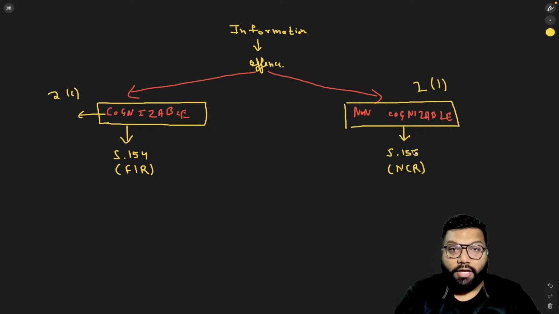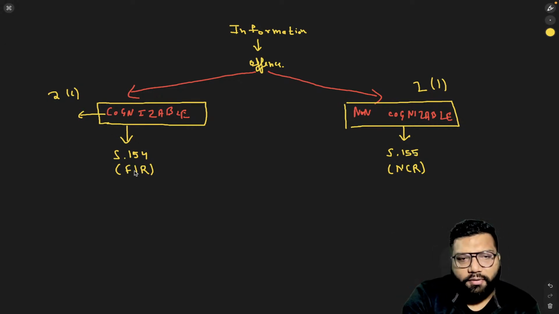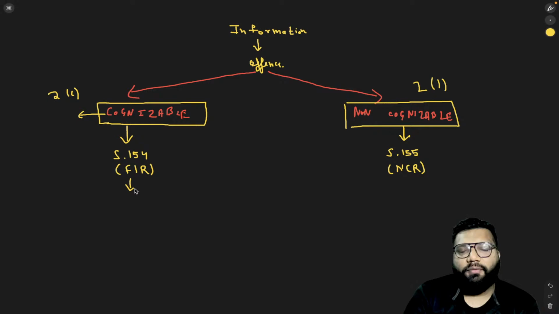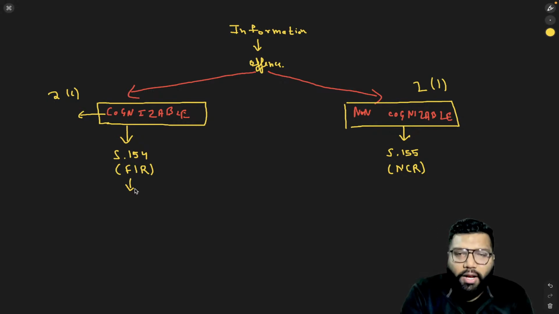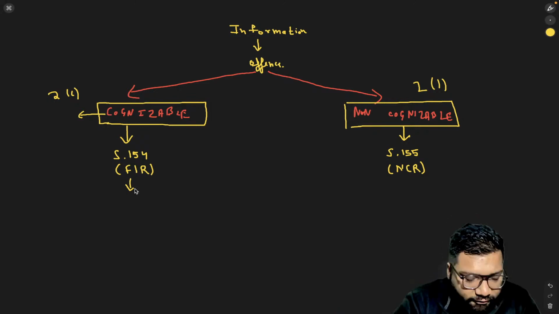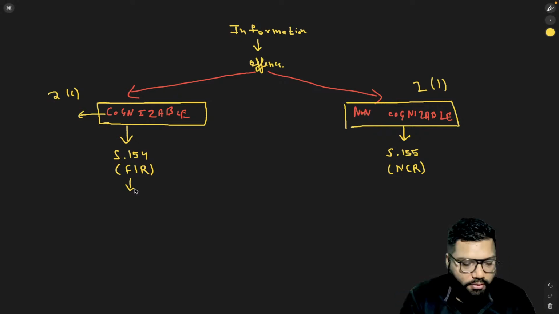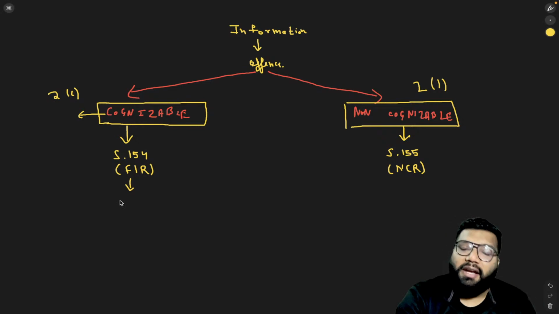Now, continuing with this, in case of cognizable offense, the very first thing, when you read section 154, it starts with every information, which means every information that is related to a cognizable offense will amount to your FIR. Okay. So every information relating to the commission of a cognizable offense is something which is mandatory for the police officer.